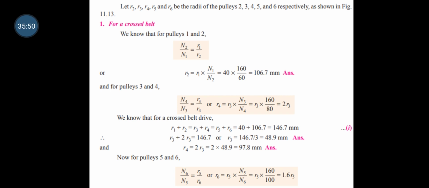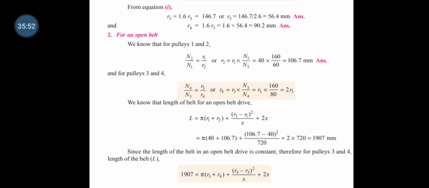From equation 1 we are going to solve it for finding the radius 5, that is 56.4 mm and R6 is equal to 90.2 mm. This is how you have to find the cross belt drive radii of R2, R3, R4, R5 and R6.